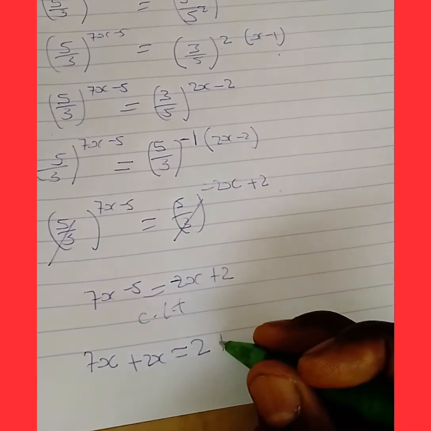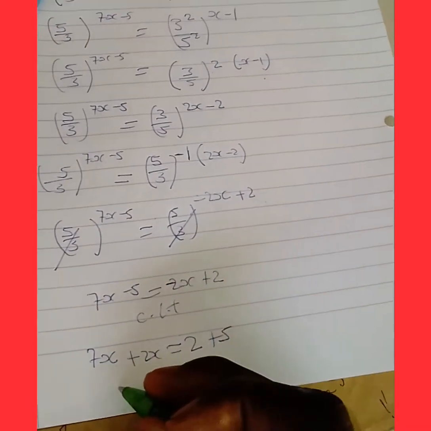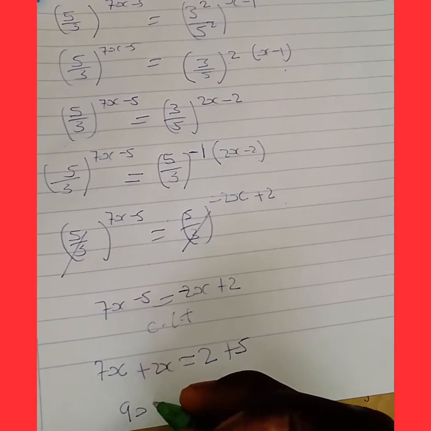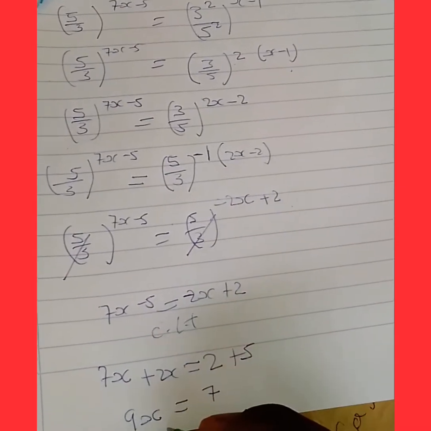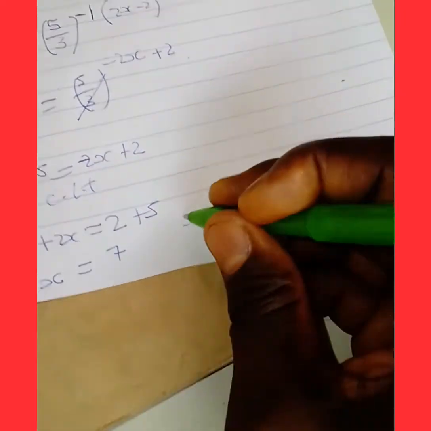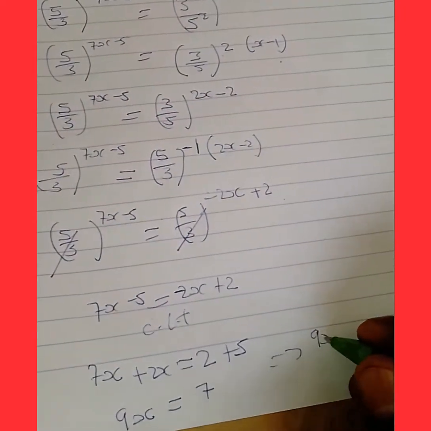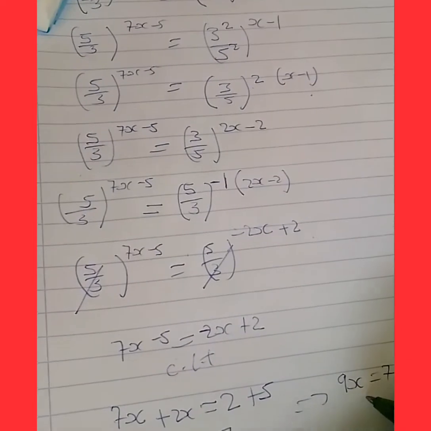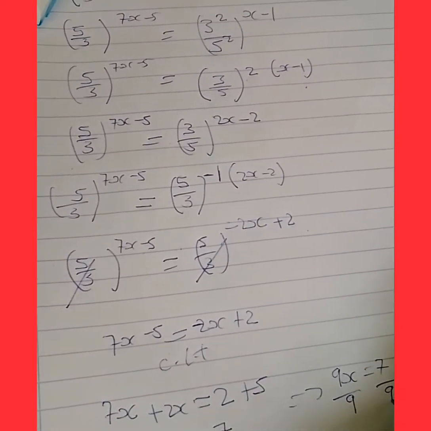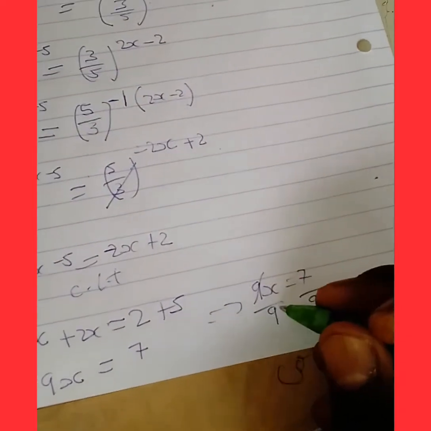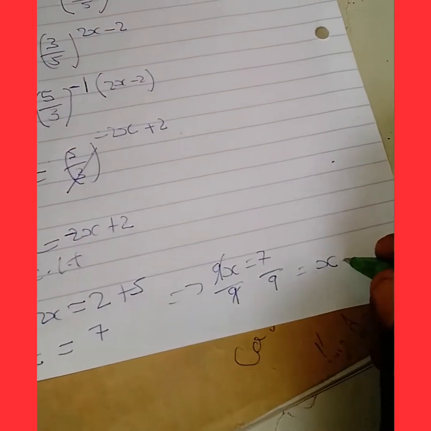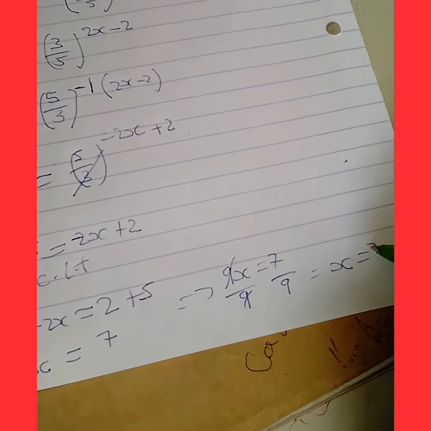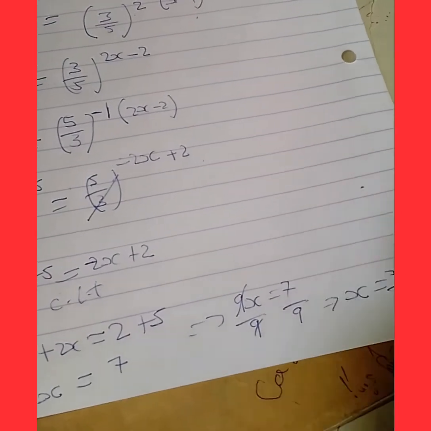The minus 5, if you bring it, will change to plus 5. 7x plus 2x will give you 9x equals 2 plus 5, which gives you 7. Now this implies 9x equals 7. You divide both sides by 9, this will cancel this, of course. The value of x will now be equal to 7 over 9.